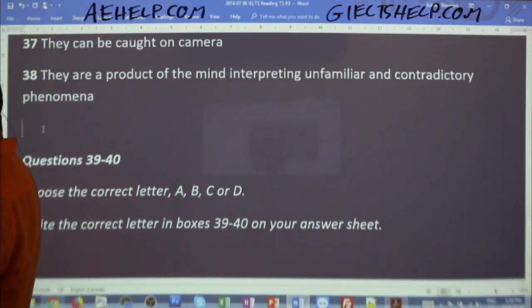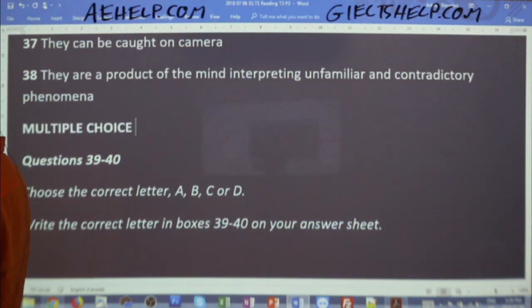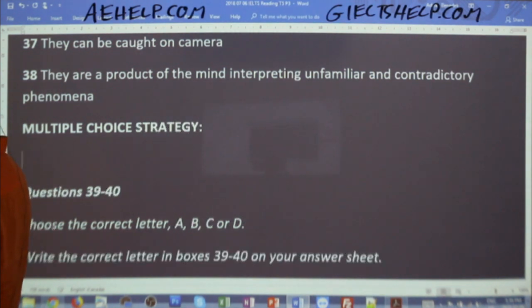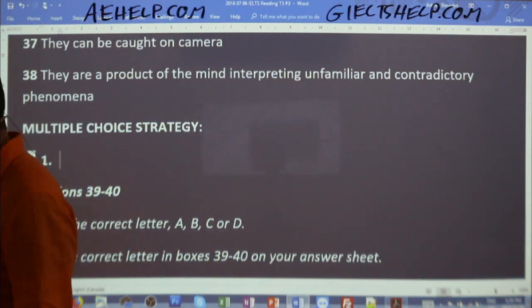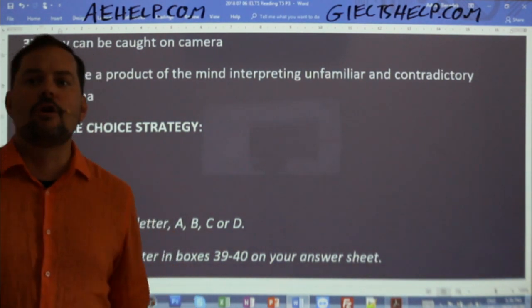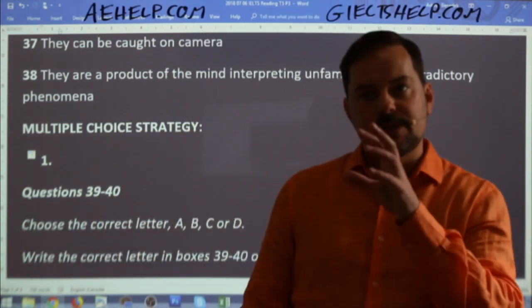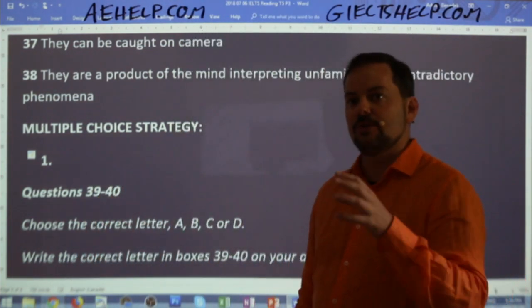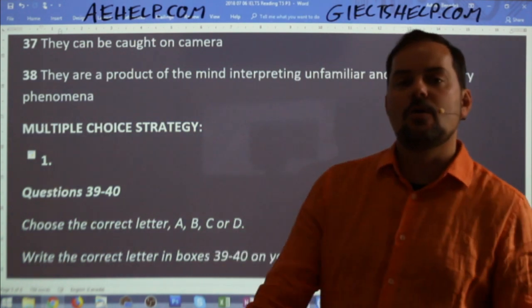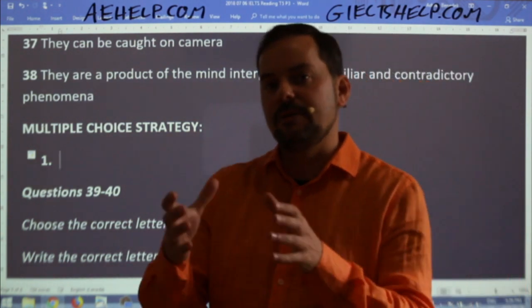A lot of students ask me, how should I do multiple choice? I always get them wrong. All right, multiple choice strategy number one. For multiple choice, we'll go over everything again. So if something's not completely clear for some of the students here as we do the other questions and give the answers, you'll be more clear here.